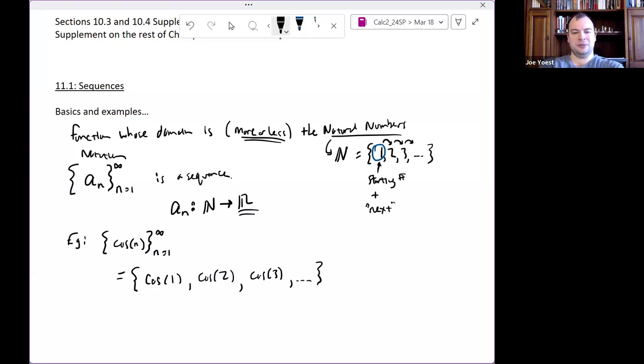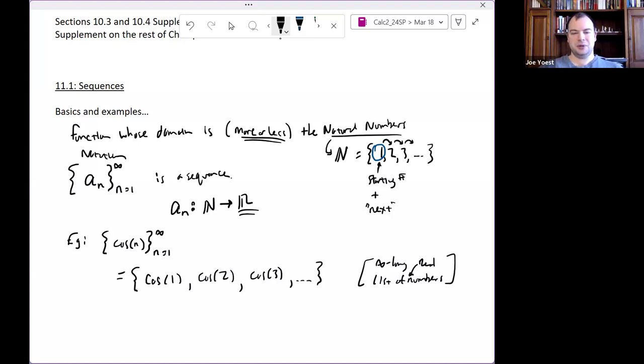So I notice that a sequence is a list of numbers that's infinitely long. And in particular, they're real numbers, just to be clear. So the inputs are natural numbers, they're positive integers, but the outputs are going to be real numbers.